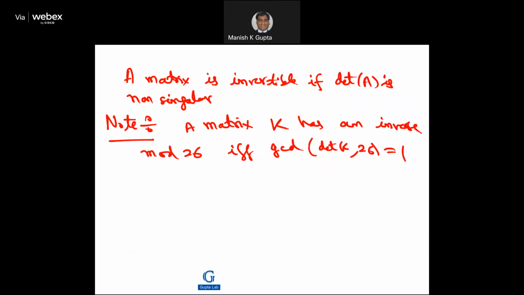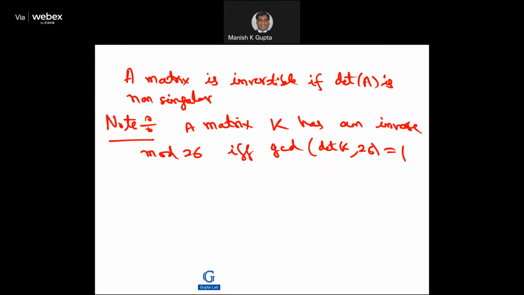Essentially, let me tell you how to think about it. When you look at any non-singular matrix over a field, whether a finite field or a field, the determinant is non-zero, which means the inverse should exist. Here the condition changes to the determinant being a unit over the ring.